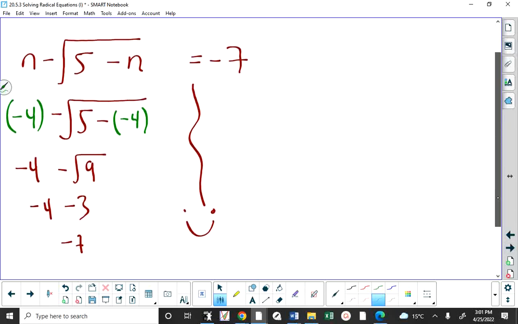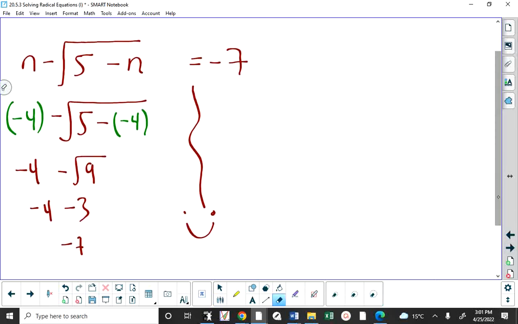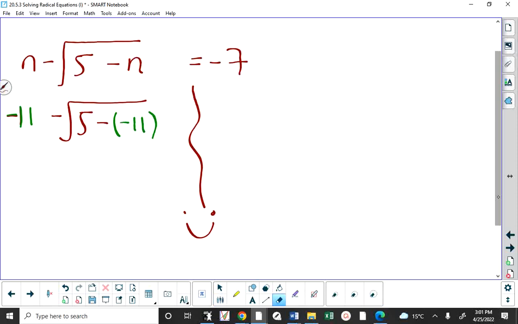Let's try negative 11. Well, with negative 11, I get negative 11 minus, it's 5 minus negative 11 under the radical sign is 16. And root 16 is 4.